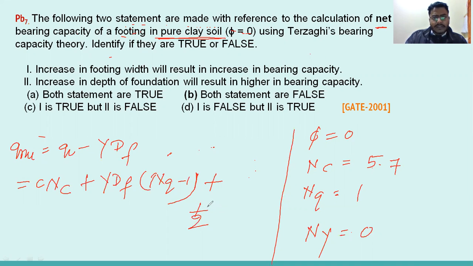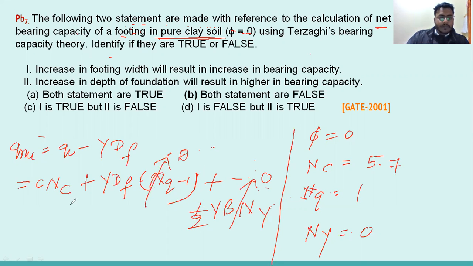They do not mention, so write for a strip footing, gamma B N gamma. See, by putting the value of N gamma equal to 0, this expression will be nullified. And by putting NQ equal to 1, this expression will be 0, so this expression also becomes 0. So our net ultimate bearing capacity will be C into 5.7.